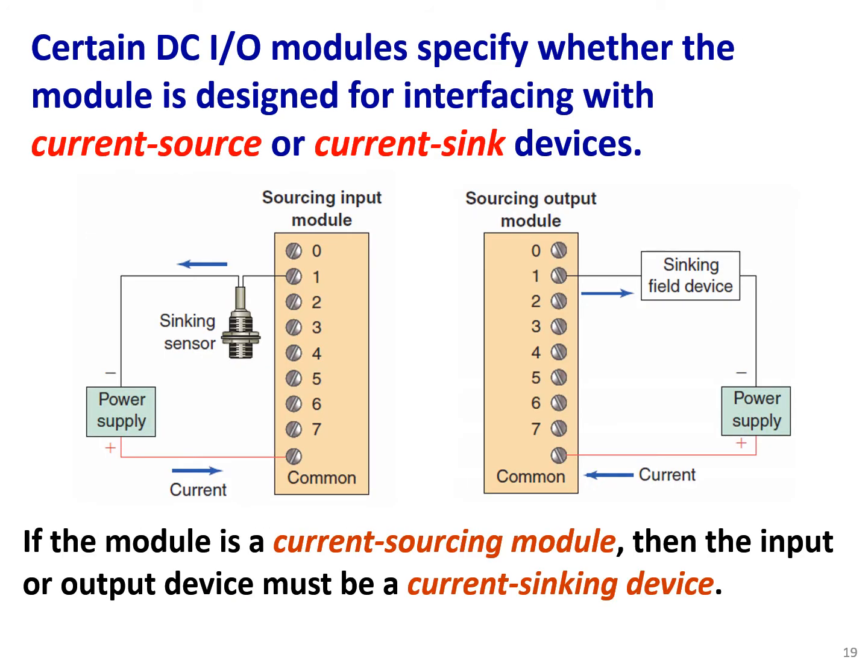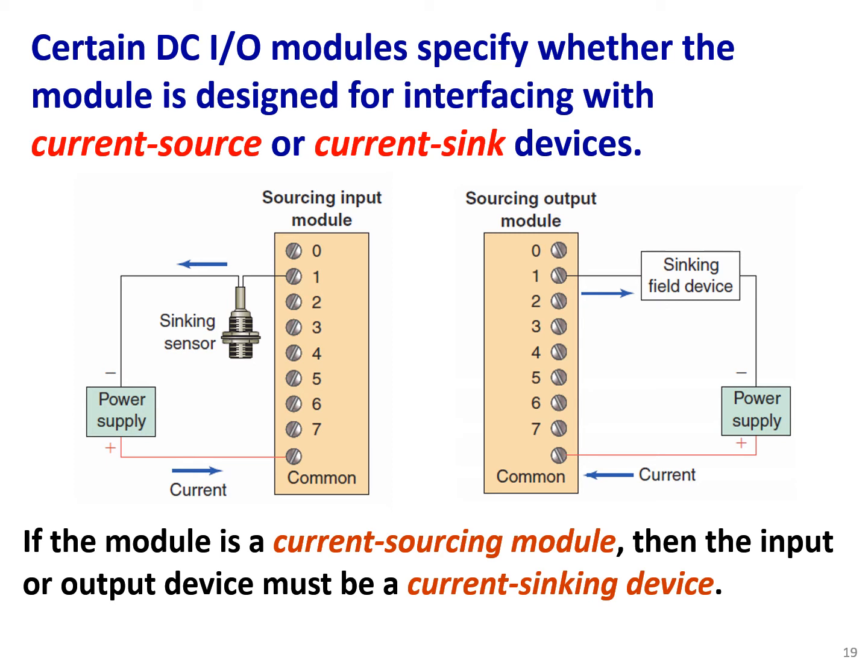Certain DCIO modules specify whether the module is designed for interfacing with current source or current sink devices. So we need to basically have compliant input or output modules with our devices. If our devices are current source, then the module should be current sink.